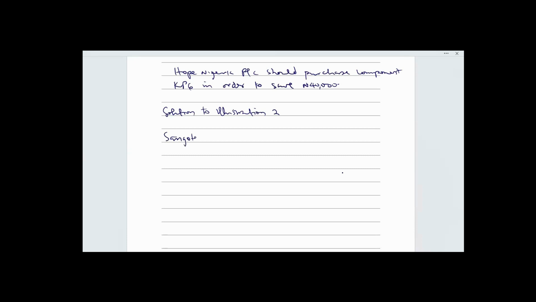So the examiner is asking in the first requirement whether the company should make or buy the tubes. So what we need to do is to compare the supplier's quotation versus the relevant cost of making the tube.